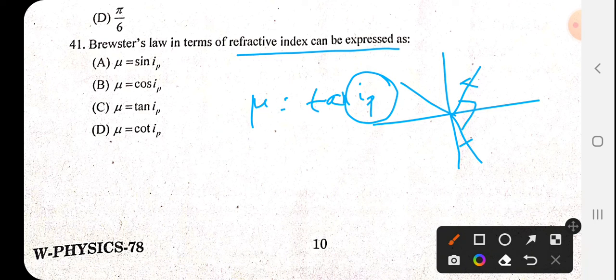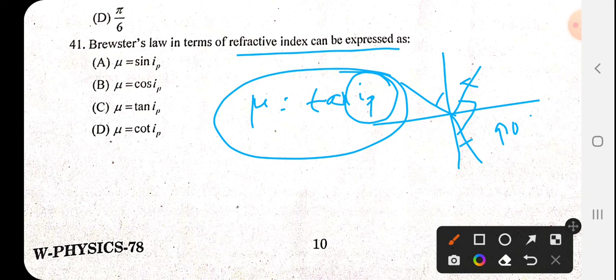Whenever the angle between the reflected ray and refracted ray is 90 degree, the angle of incidence is called the Brewster angle, given by the formula mu equals tan ip. The answer, option C, will be the correct answer.